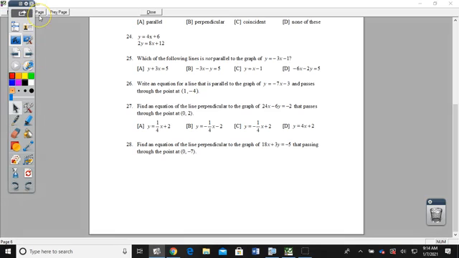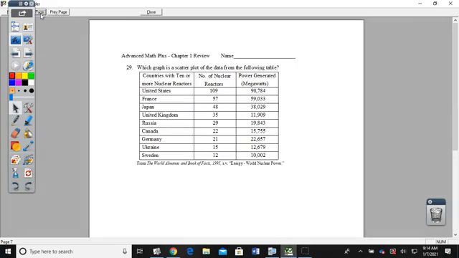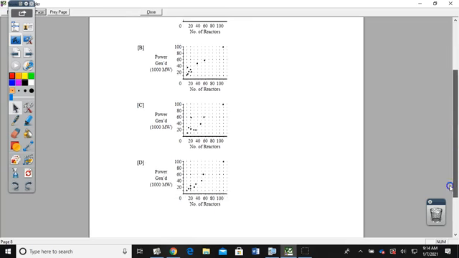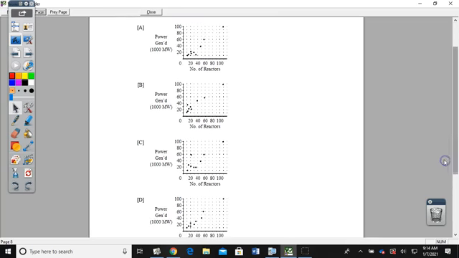29. It's a big, big problem. Now, which graph is a scatter plot of the data from the following table? Here's the problem with this. There's the data. There's the scatter plots. So basically, you just have to match up the points, okay? So I have to go back and forth here. You don't have to do anything else except match up the points.